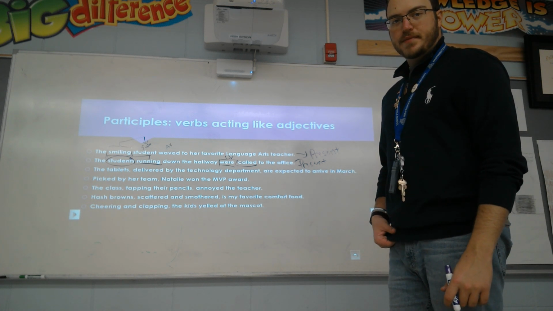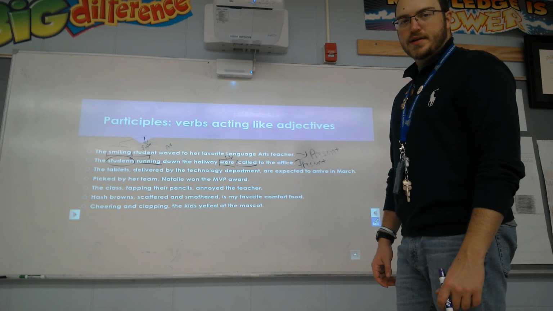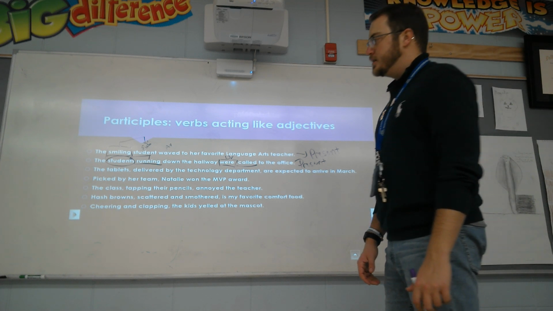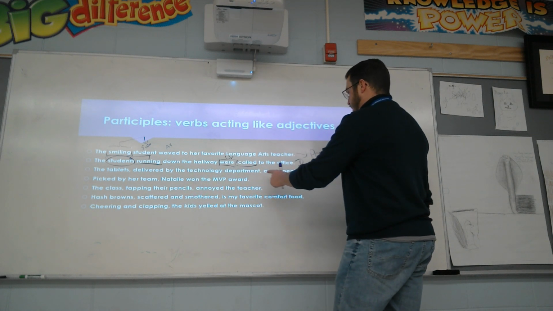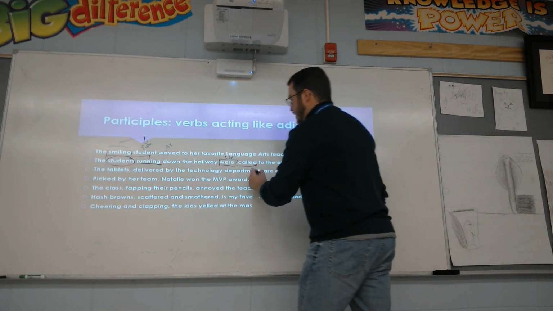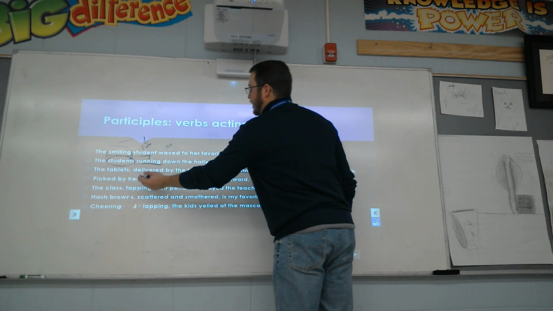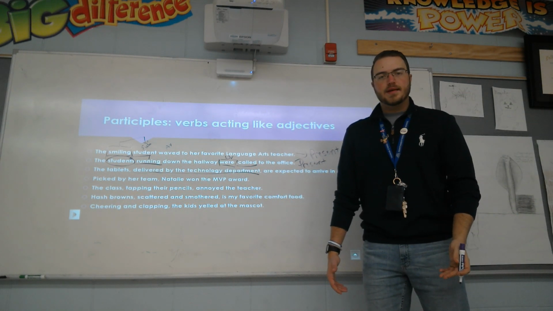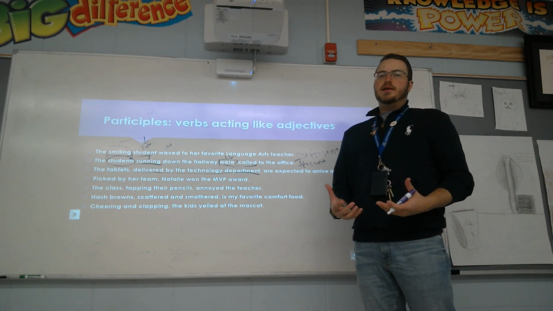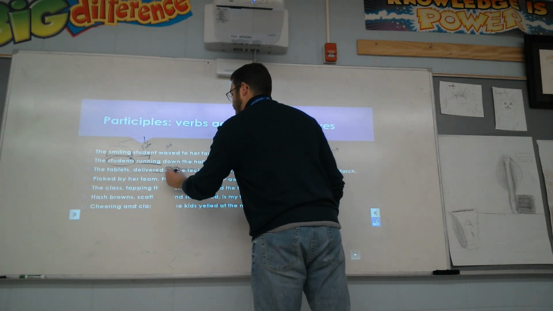The next one is a little bit different. It's in the form of a phrase. The tablets, delivered by the technology department, are expected to arrive in March. Here's our phrase. It's easy to identify because it's separated by commas. What is it doing? It's describing the tablets. We could do without this information. It's just extra information.